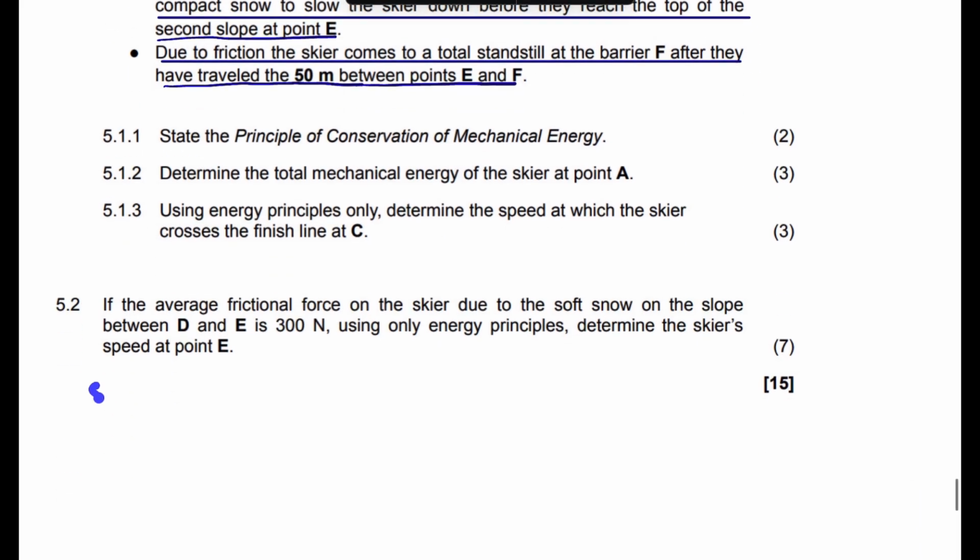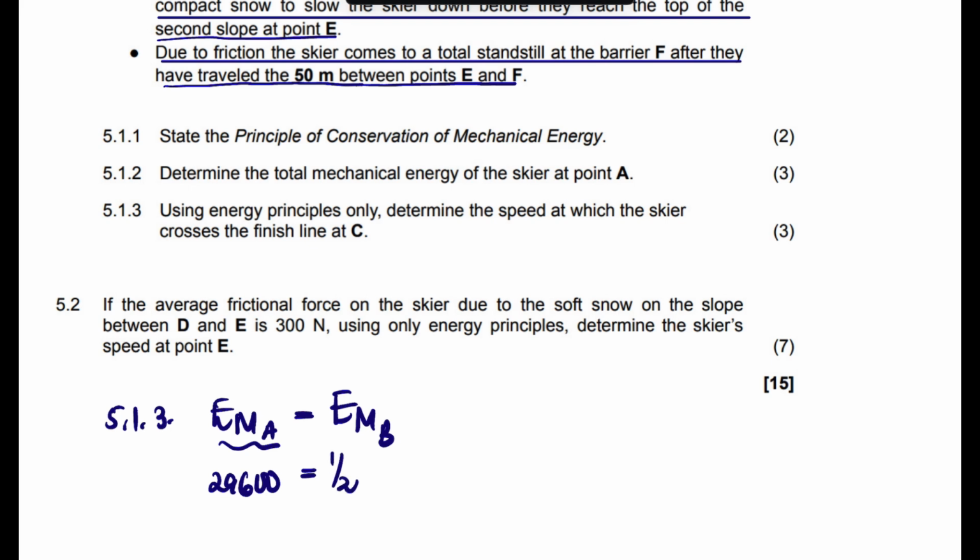So let's write it here. 5.1.3. We'll use the conservation of mechanical energy. I'll use the mechanical energy at point A is equal to the mechanical energy at point B. I'm going to use B. So the mechanical energy at A is 29,600, and the mechanical energy at B is the sum of kinetic energy and gravitational potential energy.